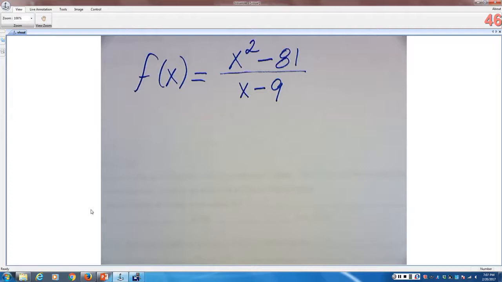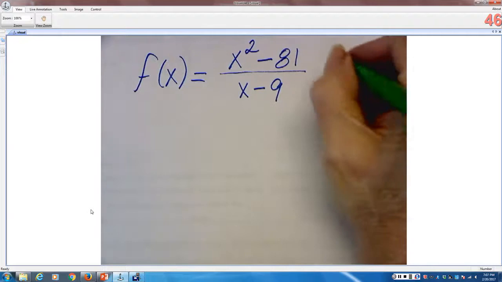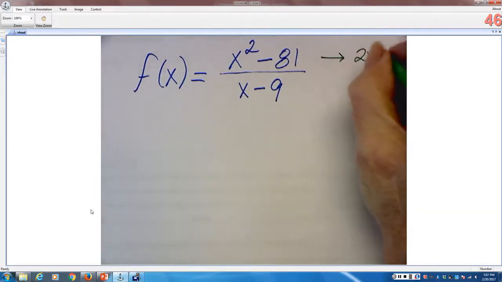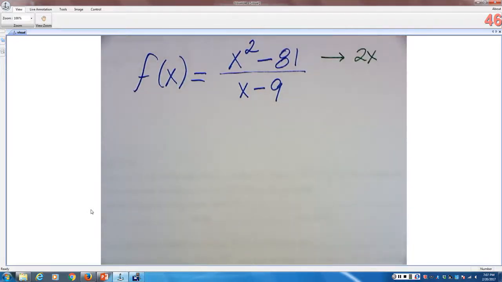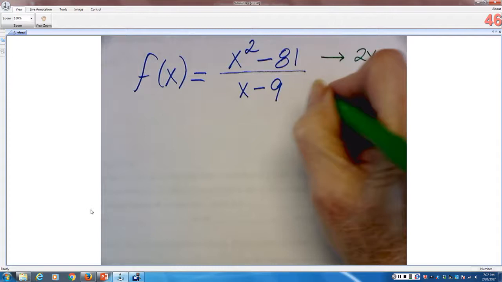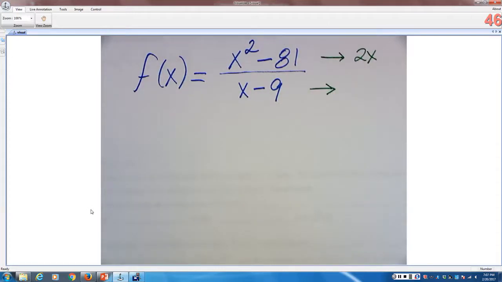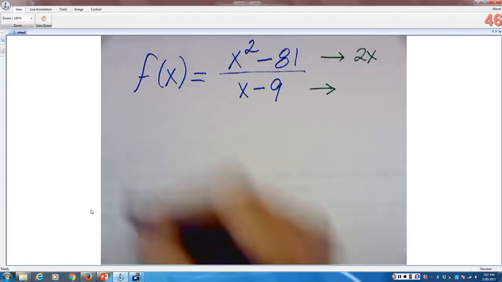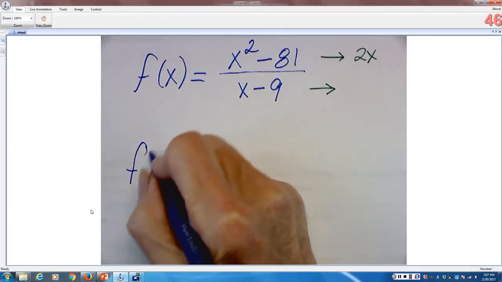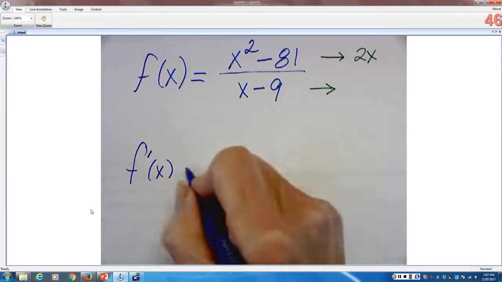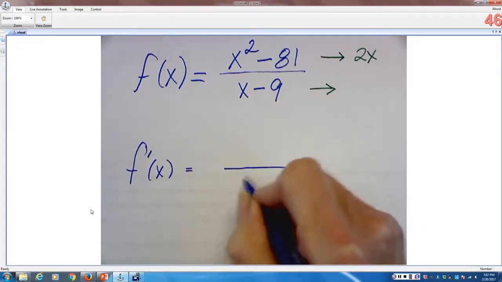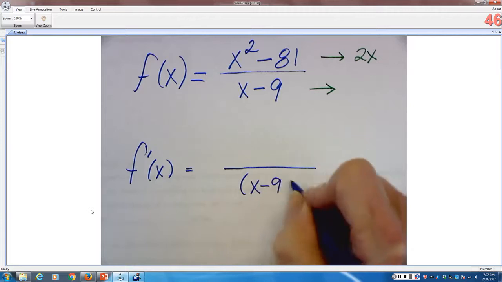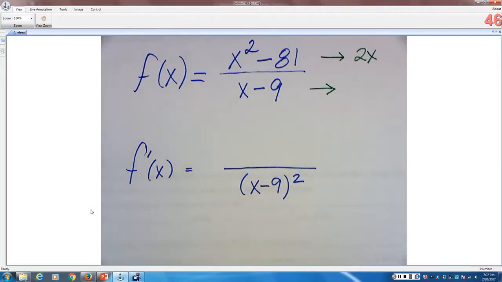So who can tell me the derivative of the numerator? 2x. Okay. What about the denominator? Just 1. What goes in the denominator of the derivative? Okay.